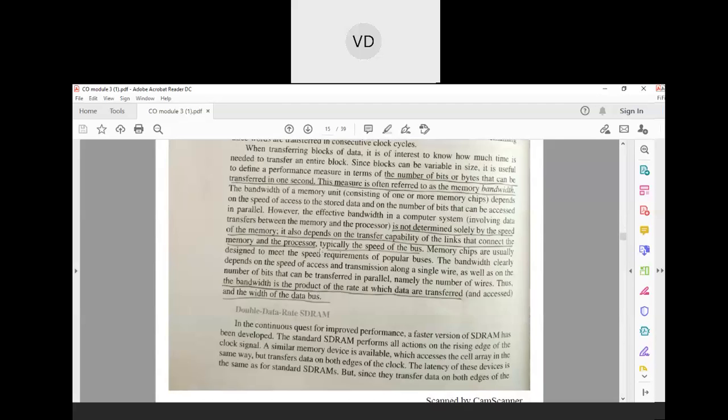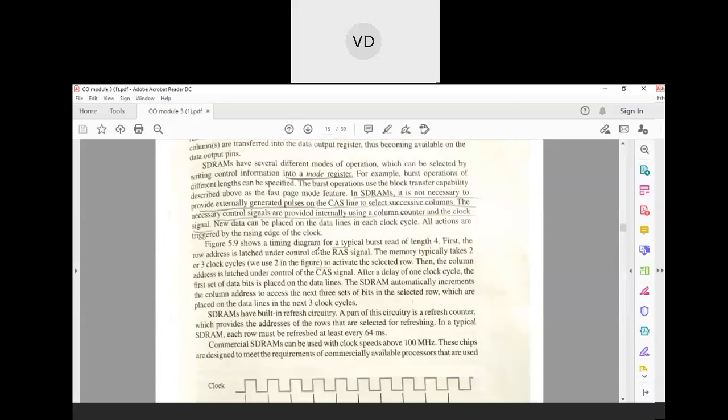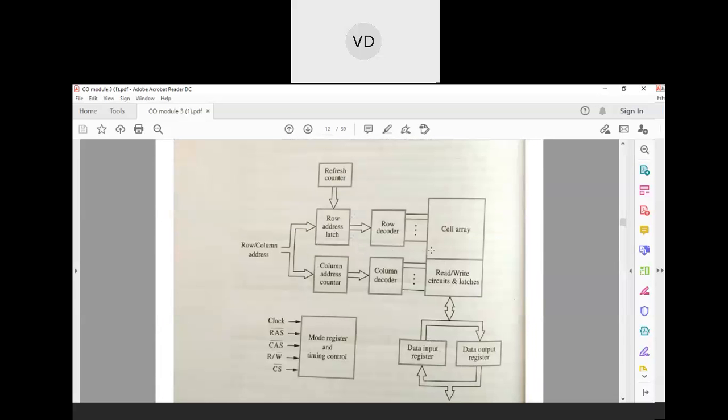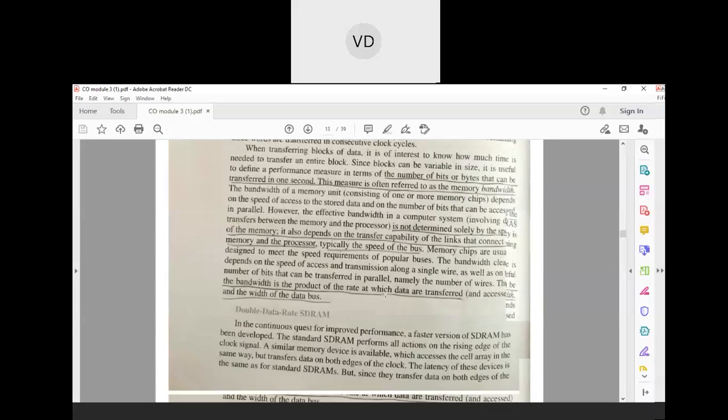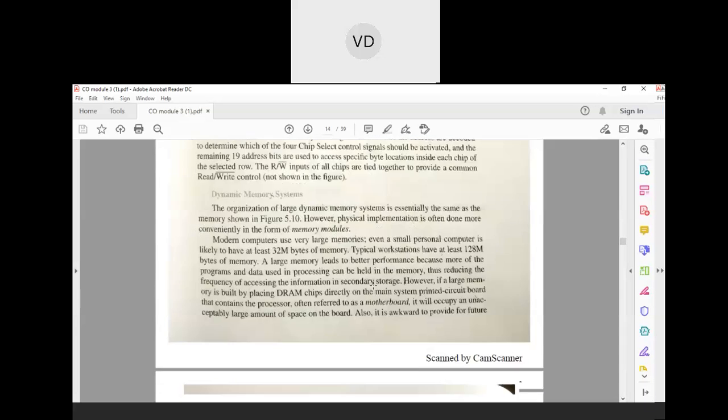Next we are going to see the structure of larger memories. Whatever we have seen until now was very small, for example 4K into 4K, or 128 into 8, 16 into 8. Very small organizations of memory. But the same organization can be done for a huge amount of memory.